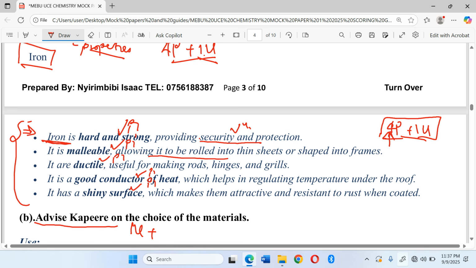So advise Capelli on the choice of the material. So we identify a use. After identifying the use, you also let this person know the danger. This is the danger of using that kind of material that you have chosen. For example, now we are talking about iron.